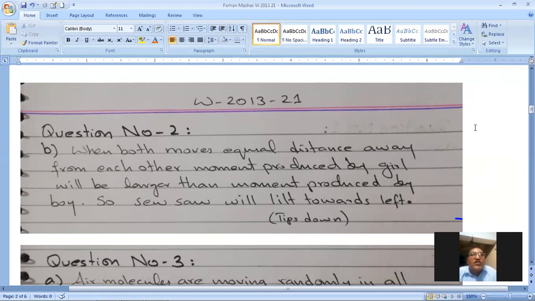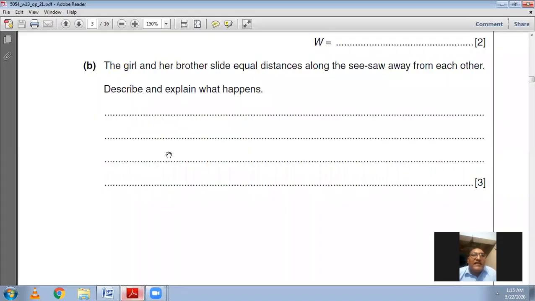So the seesaw will tip down towards the left. If the moment arms are equal, then the moment produced by the girl will be more than the moment produced by the boy. So it will tilt to the girl's side. Okay, I hope that is clear to you.